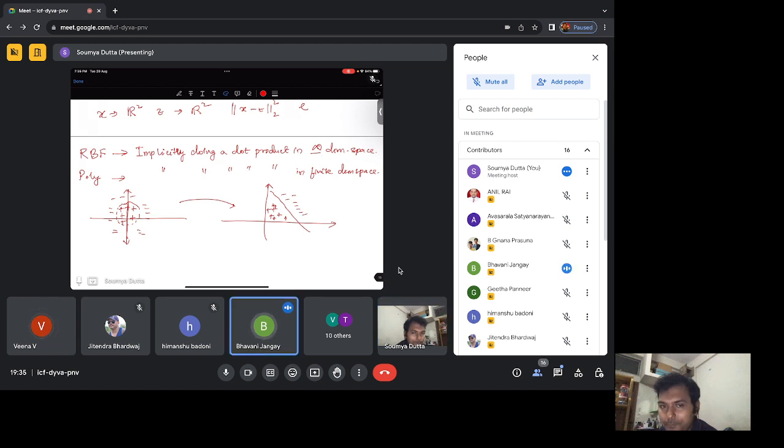Same dimensional transformation, but can you give me a name for this transformation? Squaring. Distance we are taking. RBF, you are going to say?